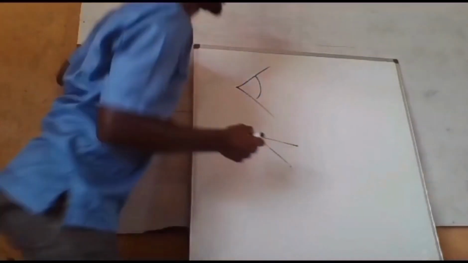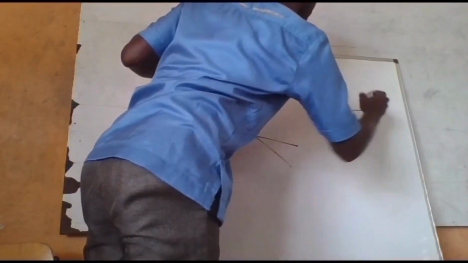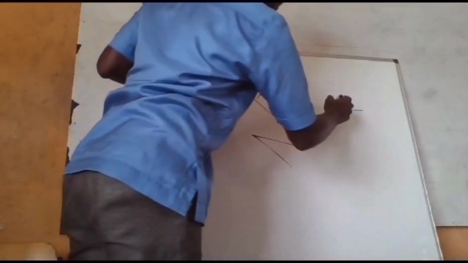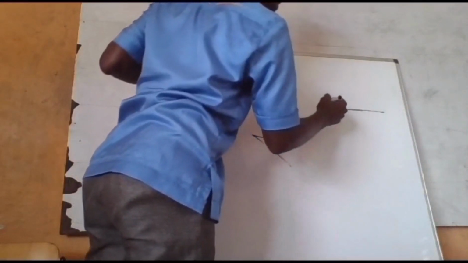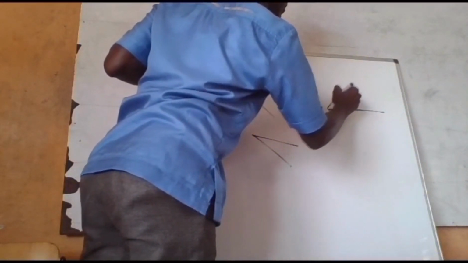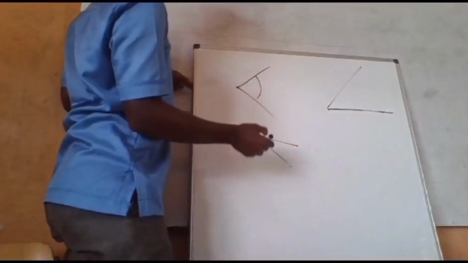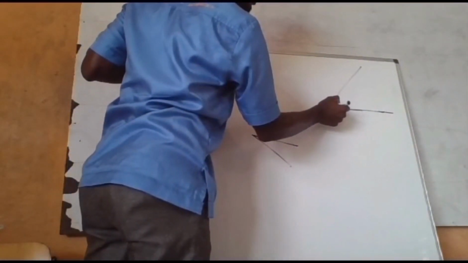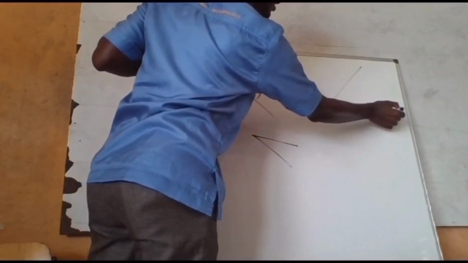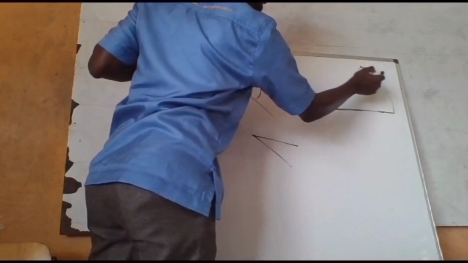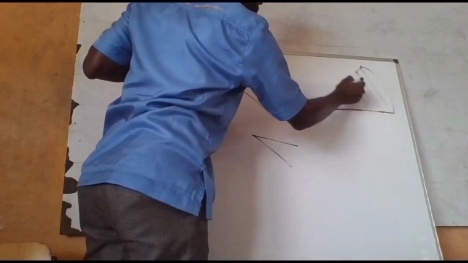Let's look at this. So we have an angle with these arms. So the extent of rotation is from here up to here. Let's look at the area swept.